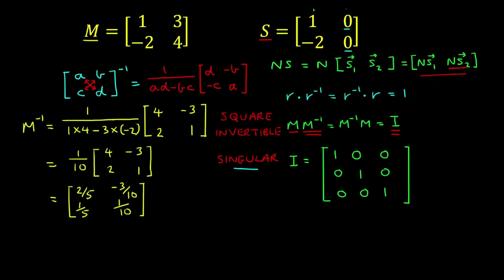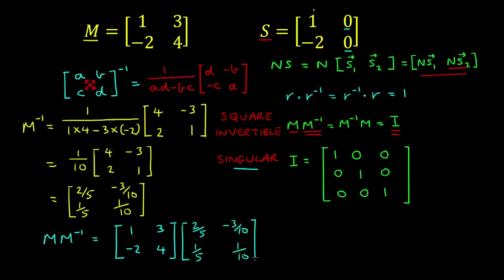And now if we want to verify that this is the inverse of M, then we just multiply M by the inverse. So M had the following entries, and the inverse had the following entries. To obtain an entry in row 1, column 1, we multiply row 1 by column 1.